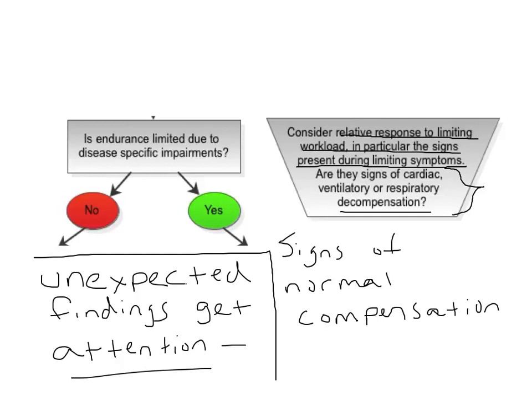Flipping that around, a sign of decompensation of the cardiac, ventilatory, or respiratory system would be an unexpected finding in the cardiopulmonary response to exercise. So, in order to identify the unexpected findings, you need to know what's expected.